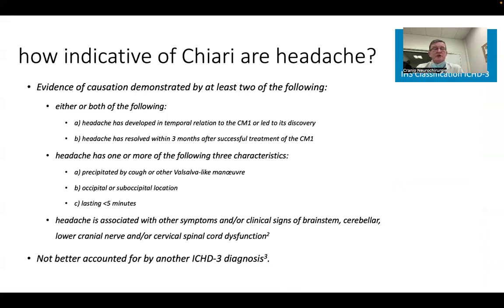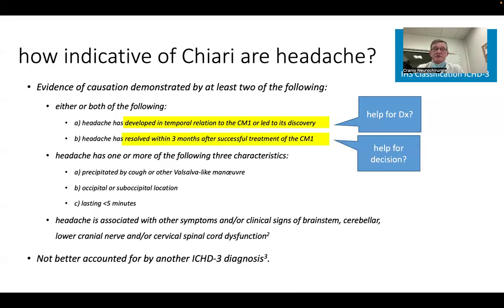So we have to wonder how indicative of Chiari these headaches are. The International Headache Society states that the evidence comes when the headache has developed in temporal relation to Chiari malformation and led to discovery. But we know that many so-called Chiari malformations are found because of MRI done for other types of headache.